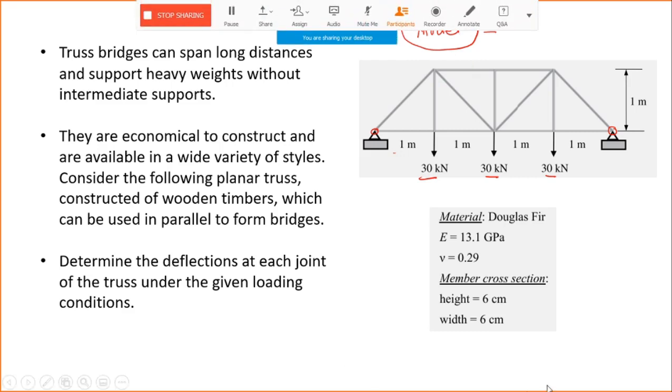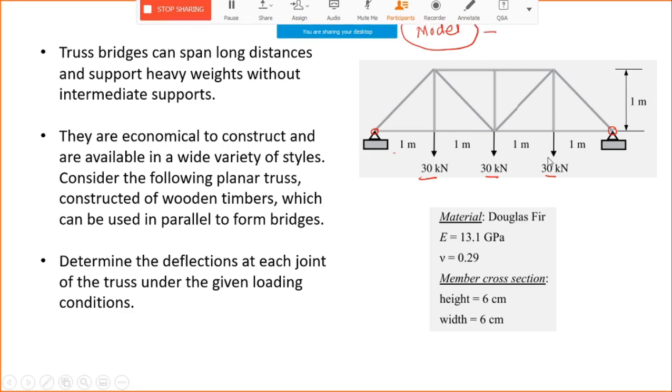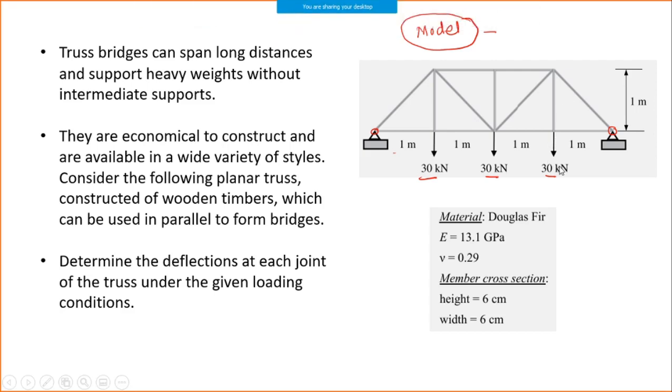Whenever you are doing any kind of analysis, it is important to know what input you are going to give. The first input is your model, the second input is what type of material you are going to use, and the third is what type of boundary conditions you are going to apply.